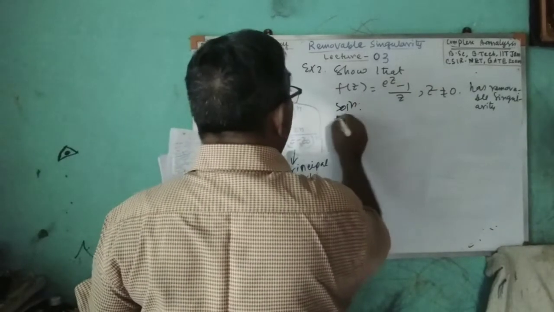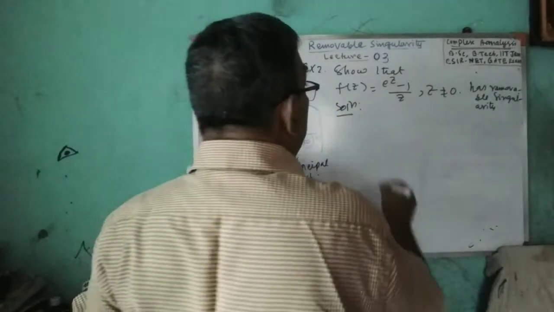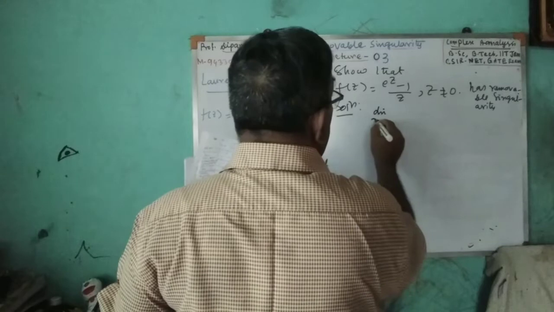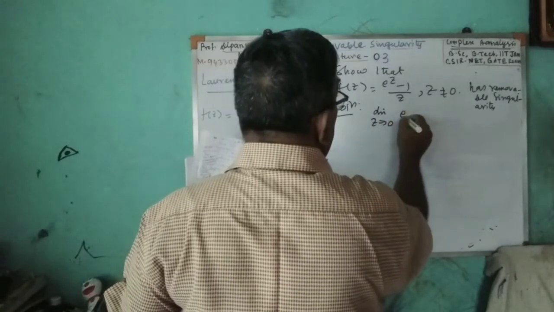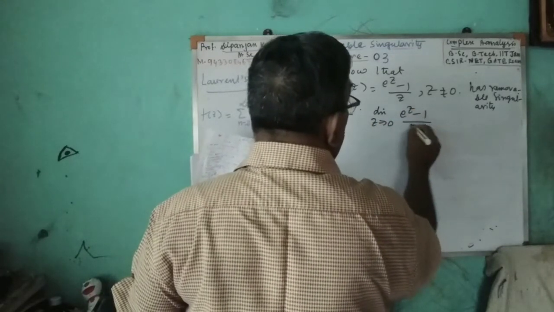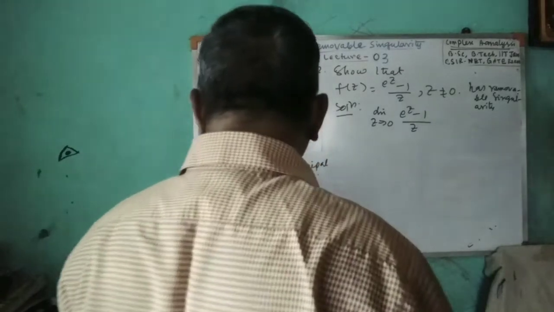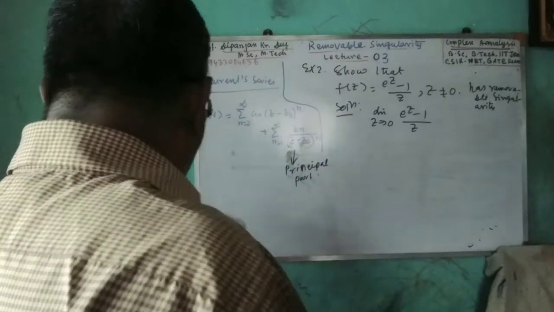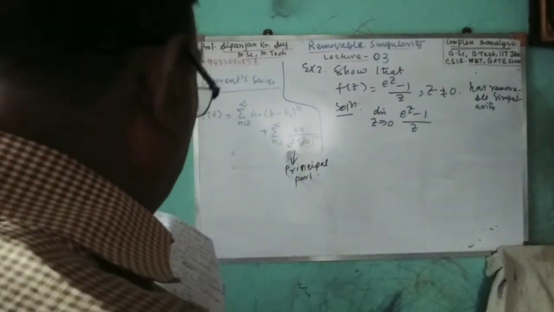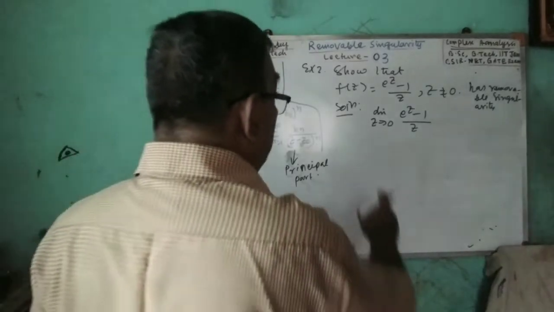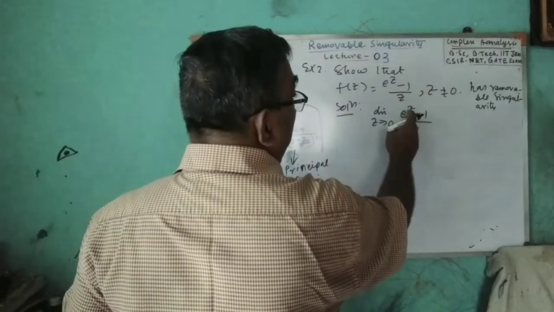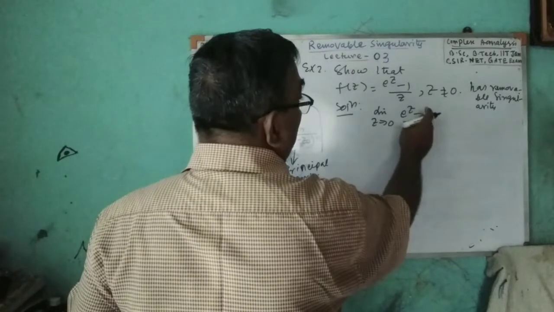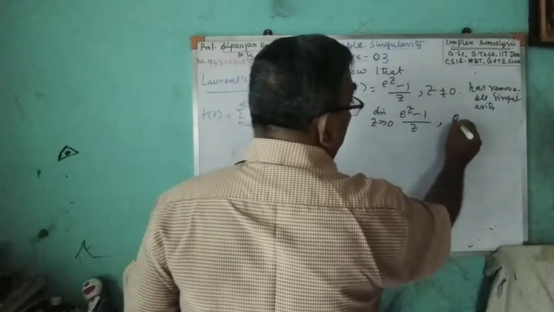By two ways we can find the limit. You have to find the limit as z tends to 0 of (e to the power z minus 1) by z. If we put z equal to 0, then 1 minus 1, that is 0 by 0 form.